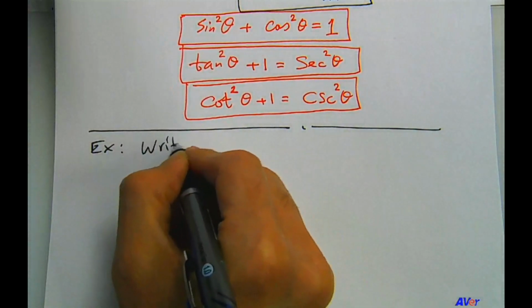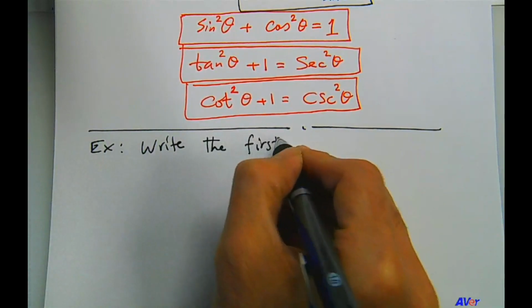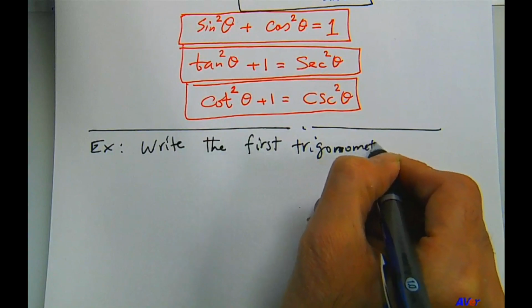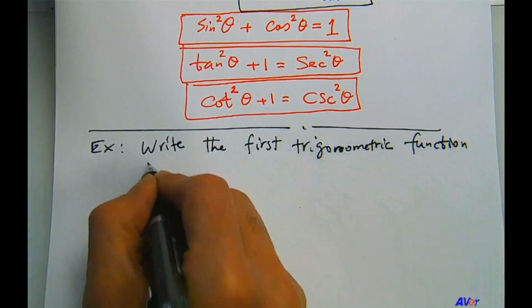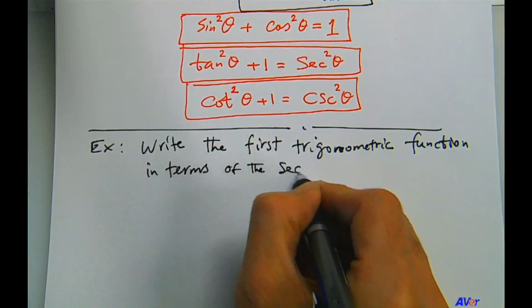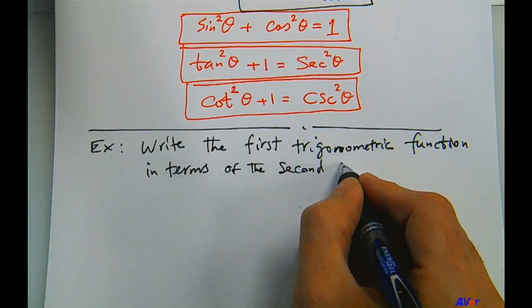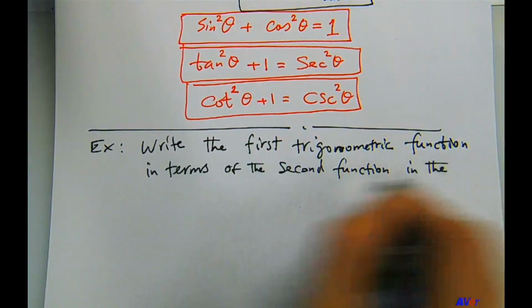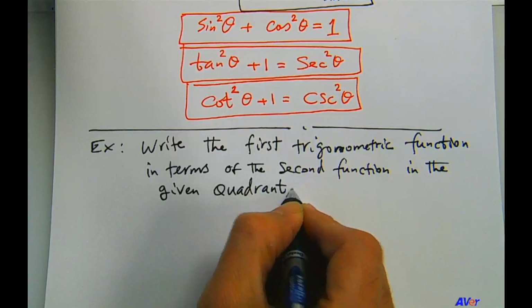So in this example, we want to write the first trigonometric function in terms of the second function in the given quadrant.